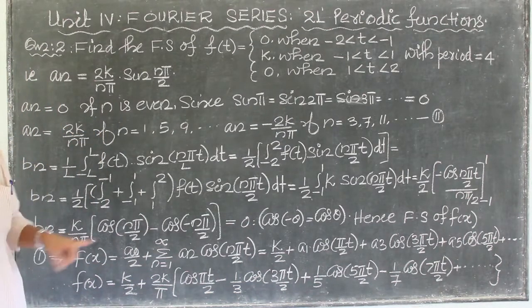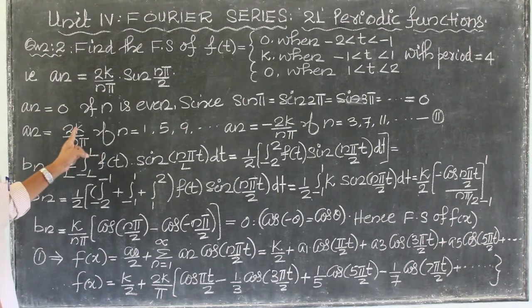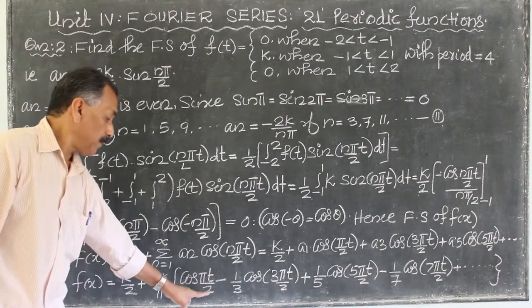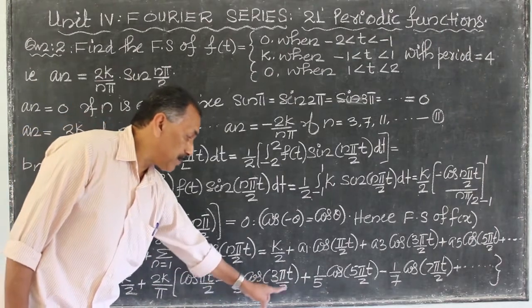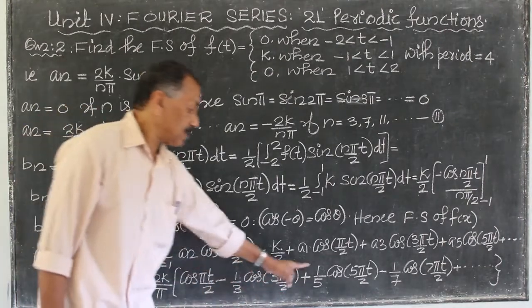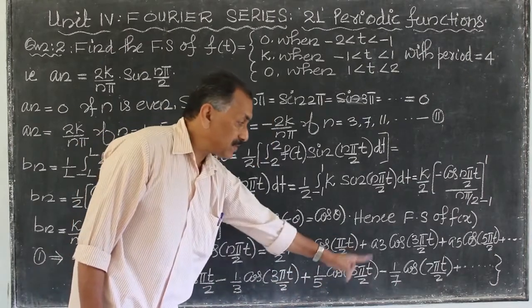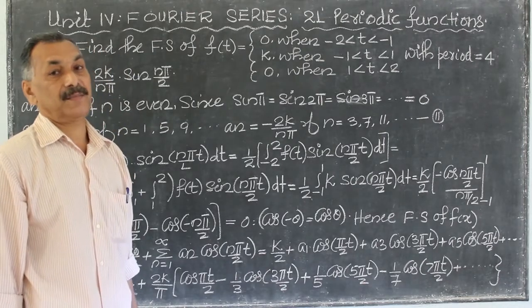If n is 1, this is equal to 2k by pi into cos pi by 2 t minus 1 by 3 into cos 3 pi by 2 t plus 1 by 5 into cos 5 pi by 2 t minus 1 by 7 into cos 7 pi by 2 t plus etc.